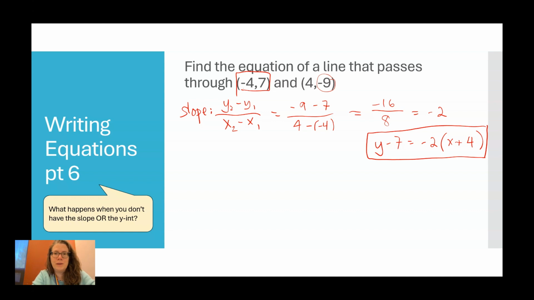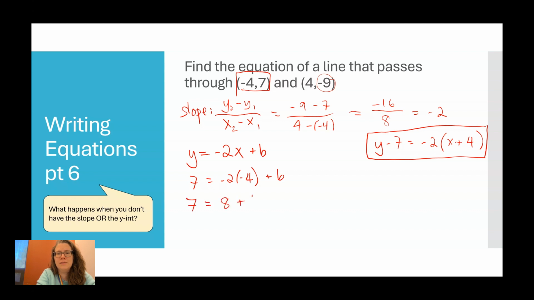I love slope-intercept form, so I'm going to do it that way. So I have y = -2x + b, where m is -2. I'll use that same point to plug in. I'm going to put in 7 for y and -4 for x. And then, I can see this one already. 8 plus b, minus 8 on both sides, and we have b = -1.